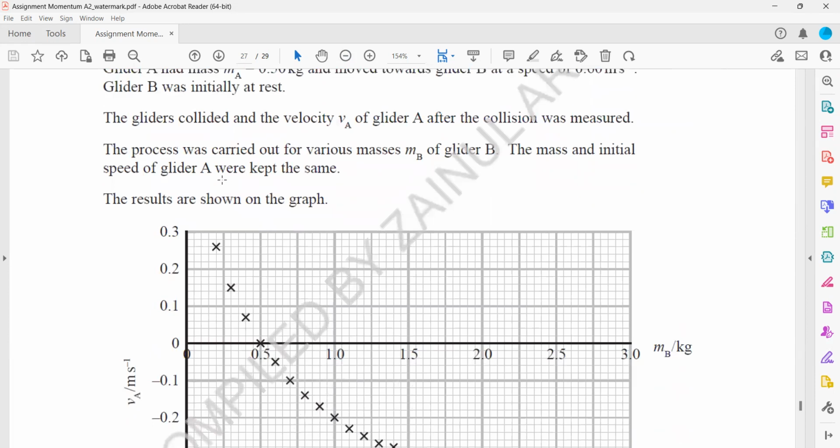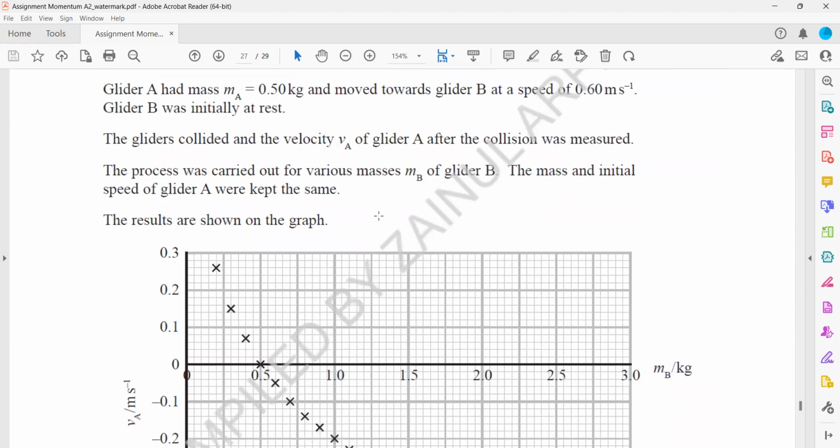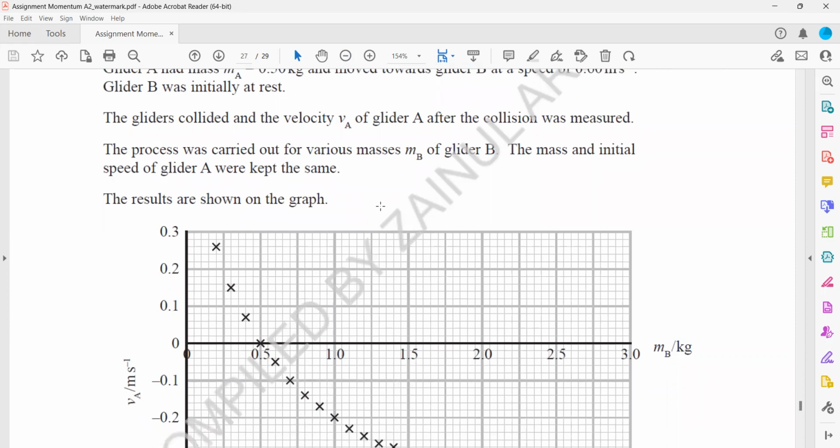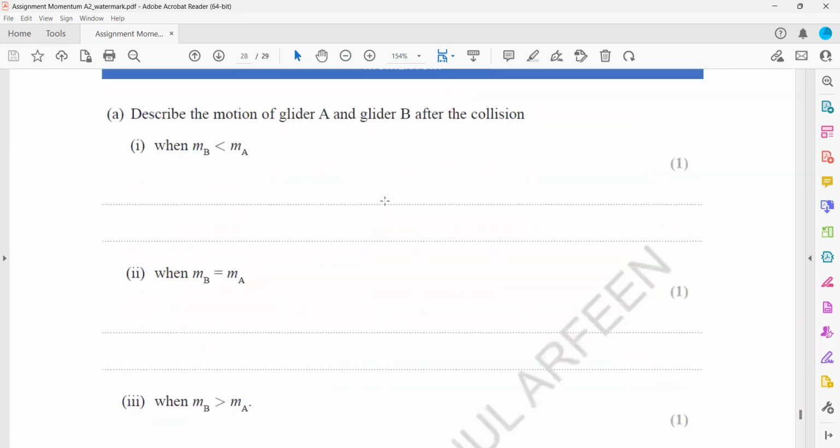The glider collides, and the velocity VA of glider A after the collision is measured. The process was carried out using various masses of glider B. The initial speed of glider A was kept the same. Use the result shown in the graph.